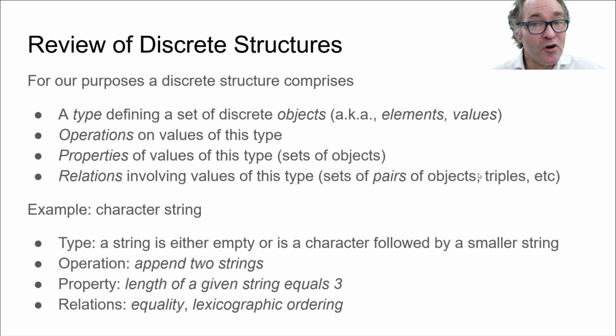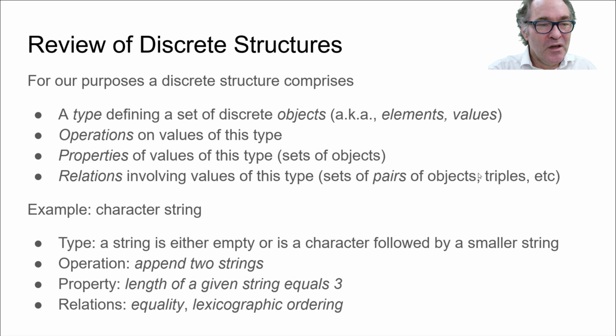It appears first: ABC comes before DEF or XYZ or PQR. And so we would say the pair ABC, XYZ is in the lexicographic ordering relation, which we could represent with a less than or equal sign. So we can say that ABC is less than XYZ, for example.